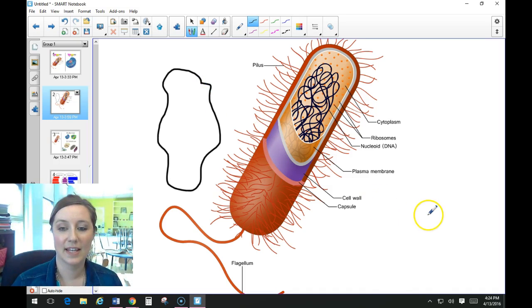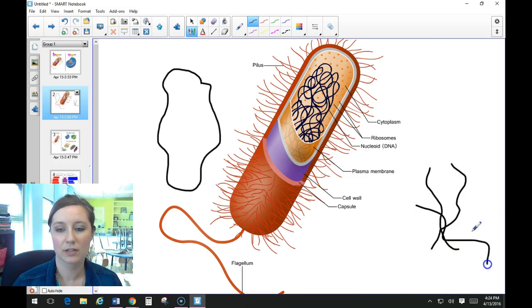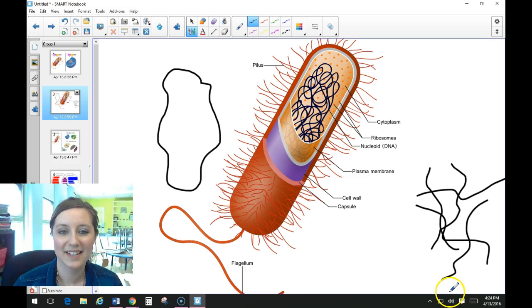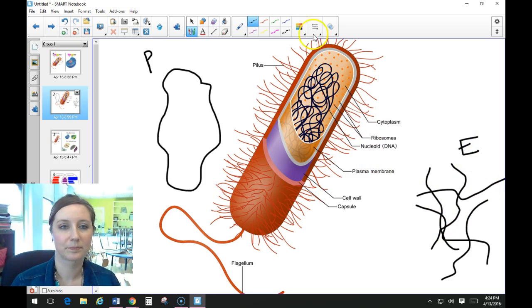Whereas in a eukaryotic cell, we have a whole bunch of individual strands. So that's another big difference between the two. Prokaryotic cells have a circular ring of DNA, whereas eukaryotic cells have individual strands.